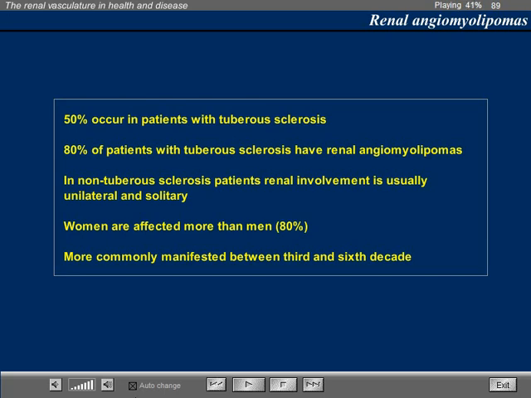In non-tuberous sclerosis patients, renal involvement is usually unilateral and solitary, although we have seen focal angiomyolipomas affecting the two kidneys without evidence of tuberous sclerosis. Women are affected more commonly than men. About 80% of renal angiomyolipomas have been described in women, and more commonly manifested between the third and sixth decade.